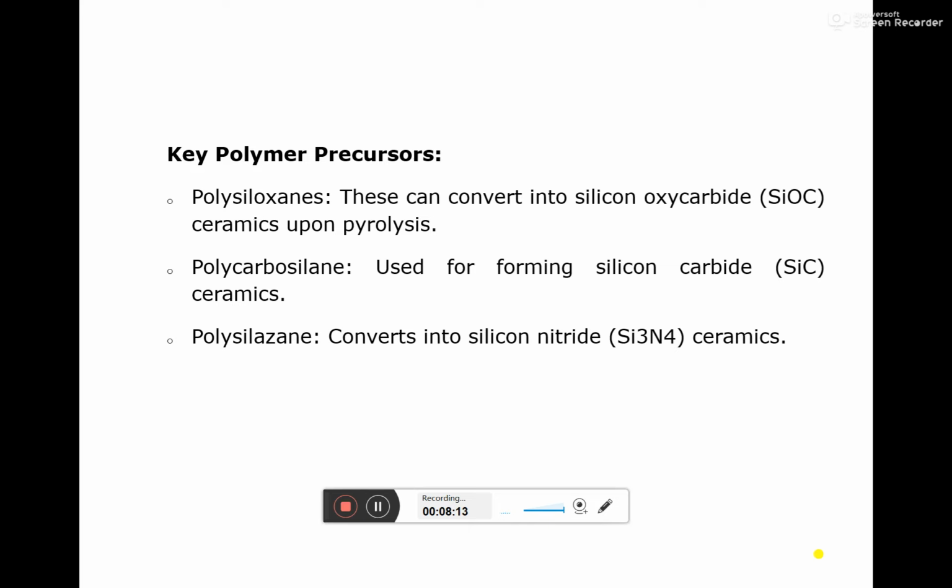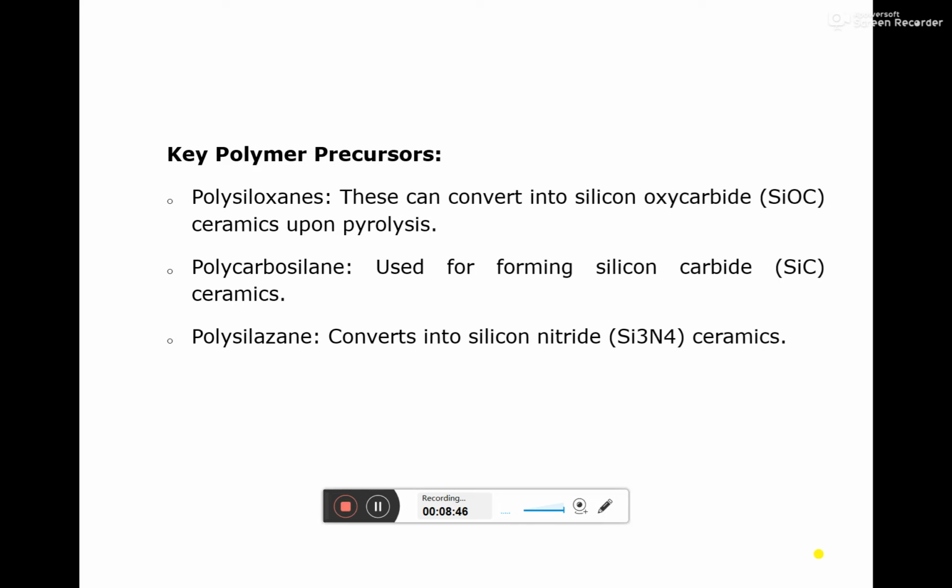One of them is polysiloxane. These can convert into silicon oxycarbide, SiOC, and polycarbosilane is used for forming silicon carbide. If I want SiC as the ceramic matrix, then I can use polycarbosilane. If I want Si3N4, then I can use polysilazane as the polymer precursor material, based on the requirement.